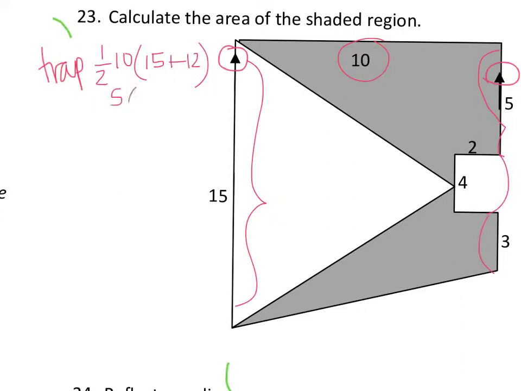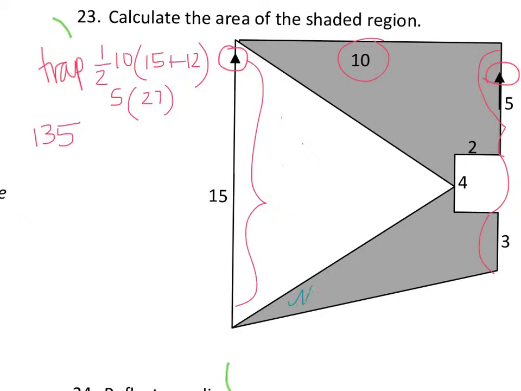So I have 5 times 27. What is 5 times 27? 135? So 135 is my trapezoid.